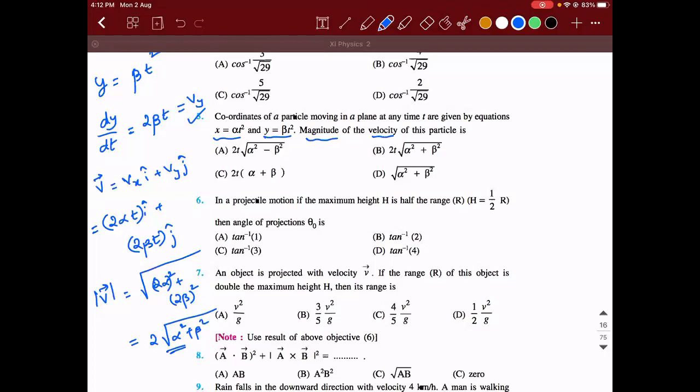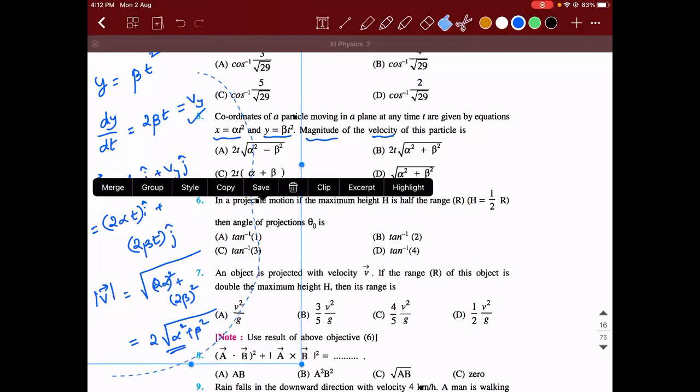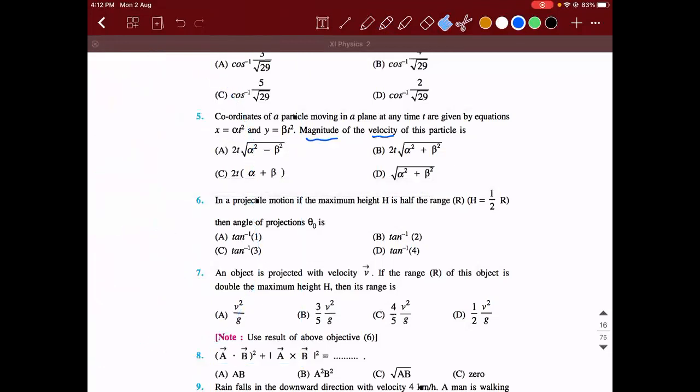Right. Done, guys. So I want you all to try the next problem and tell me the answer. We have already solved this from NCERT, but I want you to try it again. In a projectile motion, if the maximum height h is equal to half of the range, then the angle of projection is how much?